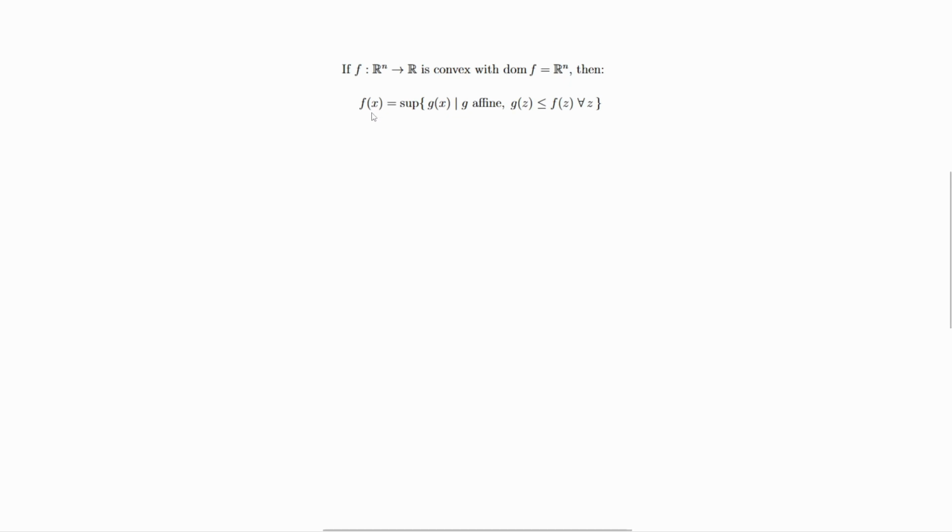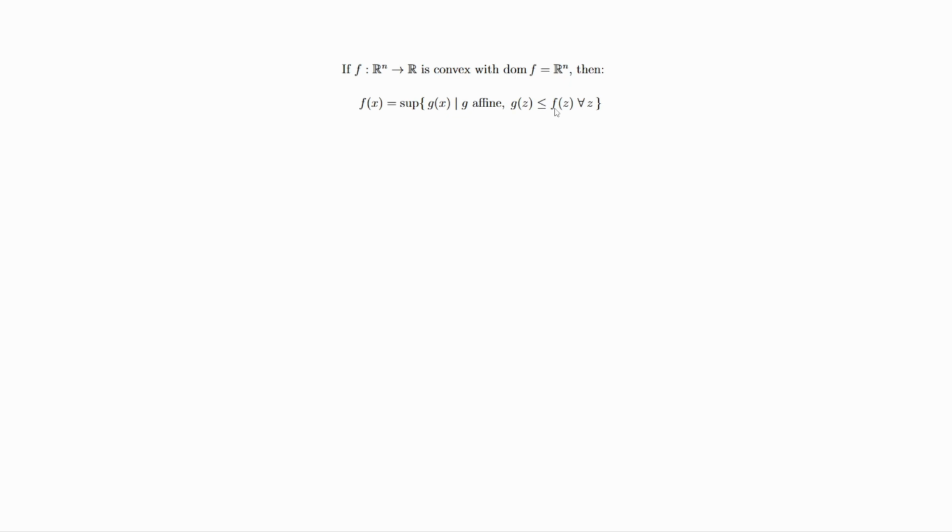Then we can characterize f as the supremum of g of x, where g is affine and g is less than or equal to f everywhere. So f of x equals the supremum over all affine functions that stay below f everywhere. In other words, if you take every possible flat underestimator of f, f is exactly their ceiling, so you can construct any convex function entirely out of affine pieces.